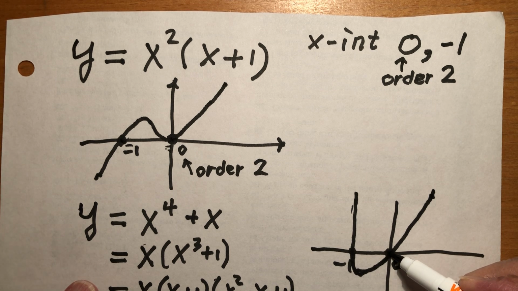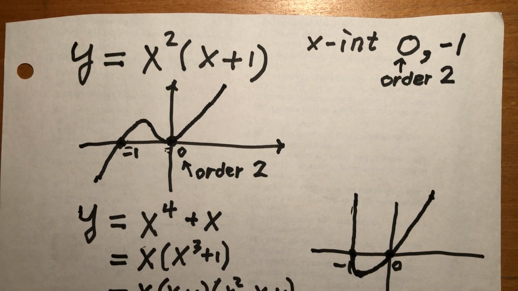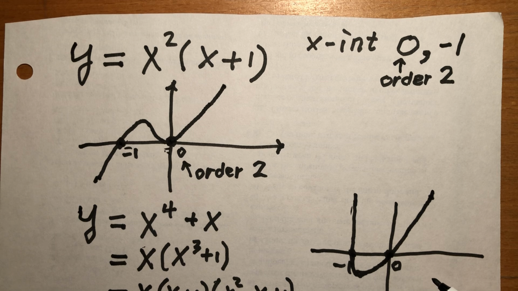Cross this point and cross this point. So this is the graph. If you are not so sure of the shape of the graph, you need to do a table of values. Table values will give you a more accurate drawing.